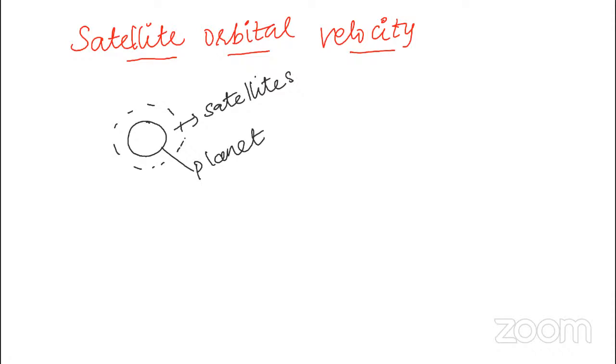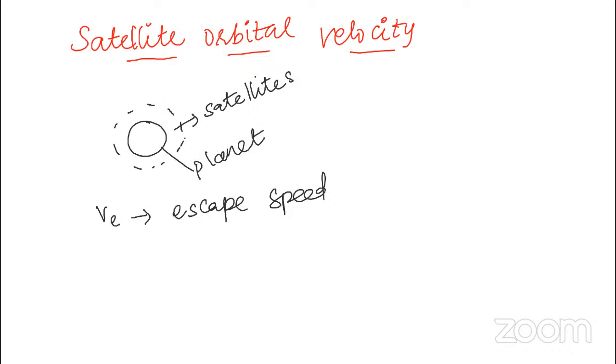In the last class, we saw the topic of escape velocity, escape speed, and how to calculate them. Here the satellite also has some velocity. Escape speed we denote by the letter VE.